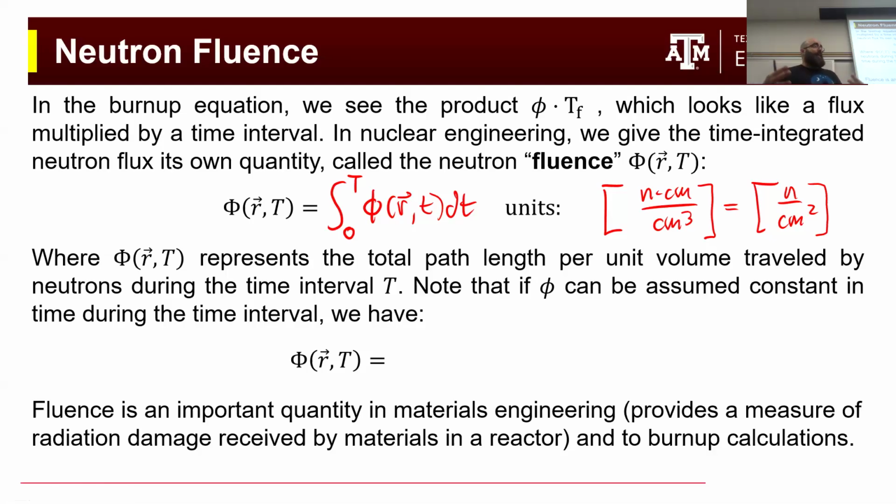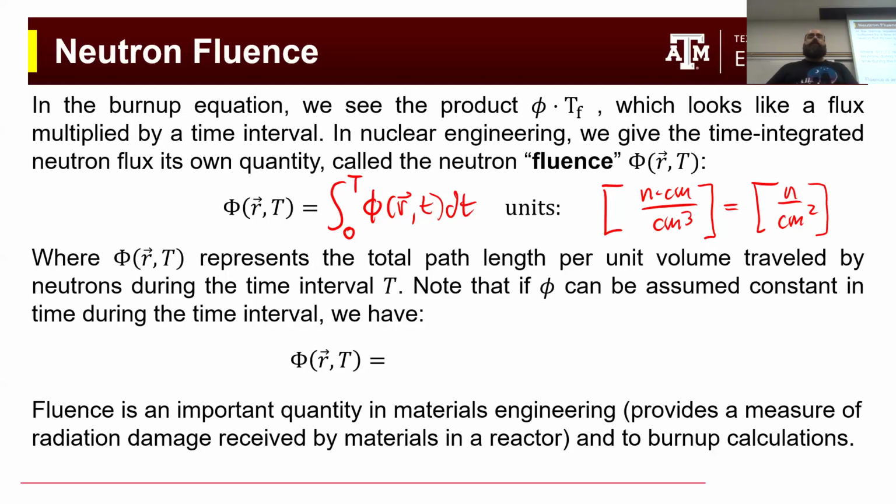And if you think about your reactor having a relatively high flux, like 10 to the 13 would be around the value of a typical flux in a reactor, those neutrons are going to be impinging on the pressure vessel, like the steel lining of your reactor. And when neutrons interact with materials, they cause damage to those materials. And the fluence is a number that is very much related to the radiation damage caused in the materials in your reactor.